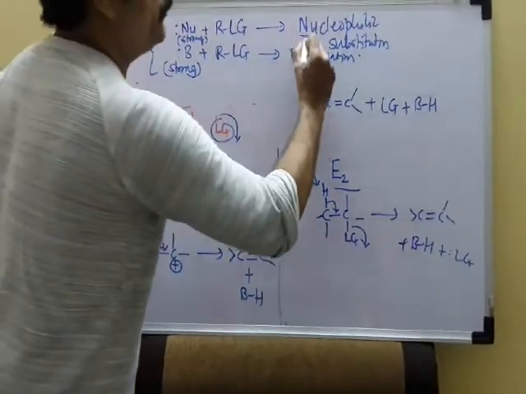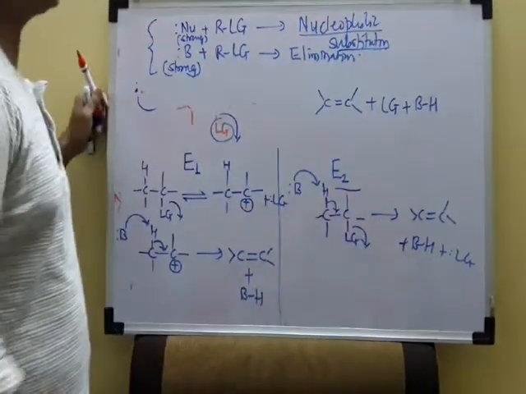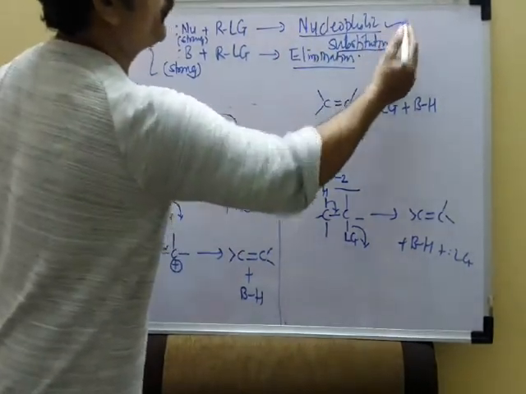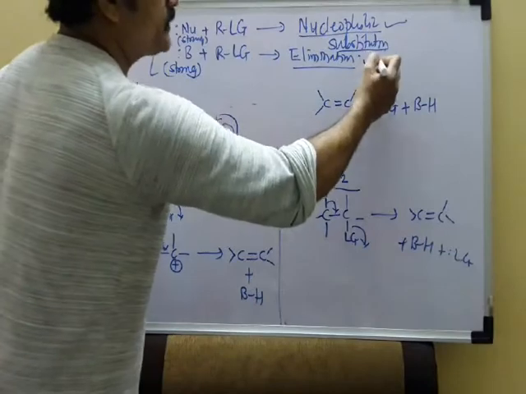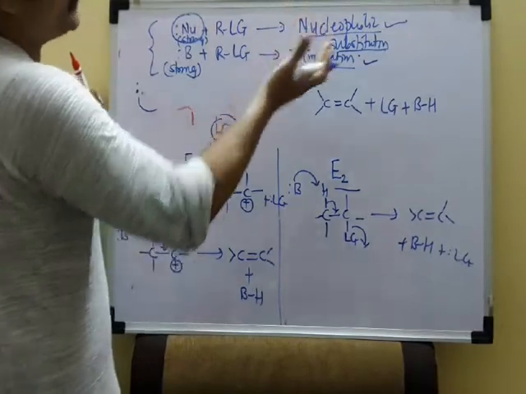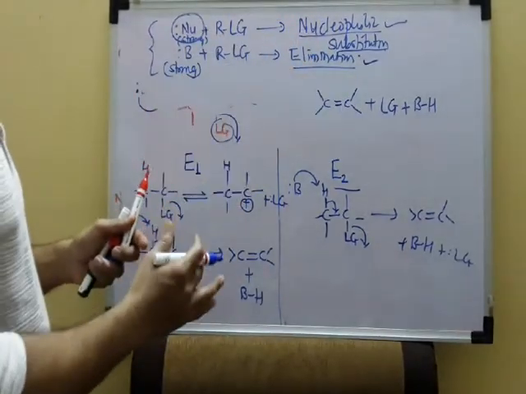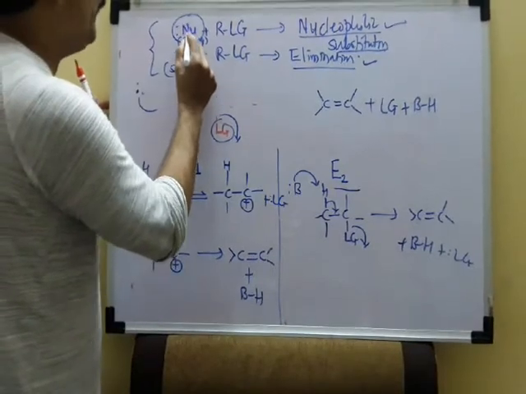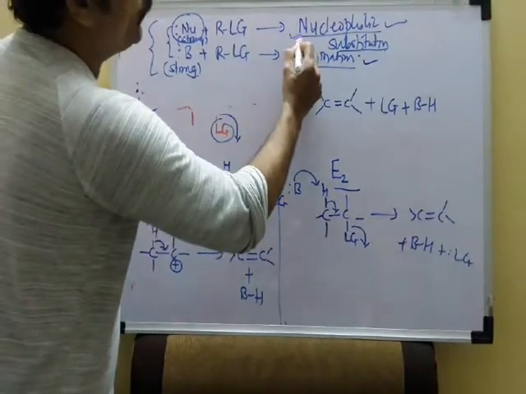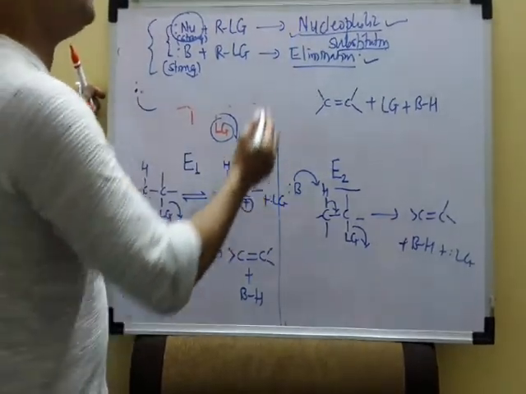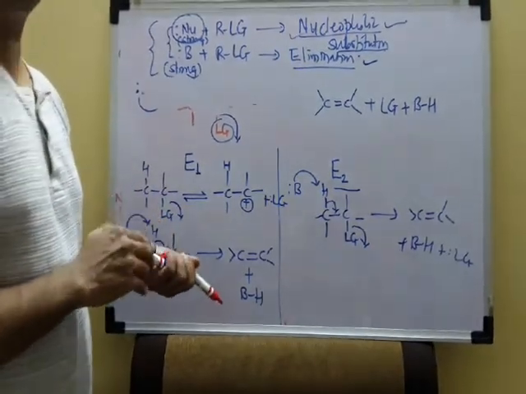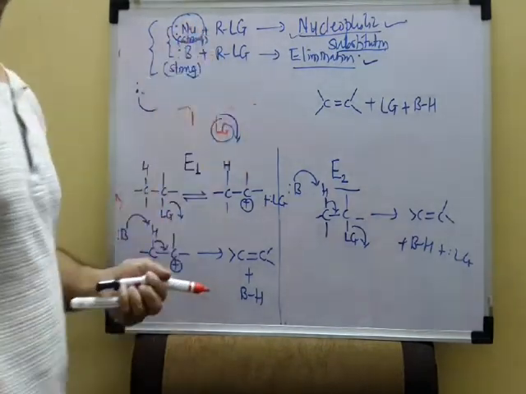You cannot say that a reaction is 100% substitution or 100% elimination. There will be some product of substitution and some product of elimination, depending on the reaction conditions, and the percentage of each will vary. So nucleophile and base is a very important concept that tells us whether substitution or elimination is taking place predominantly. That's why, before we learn nucleophilicity versus basicity, we must know this background. Thank you.